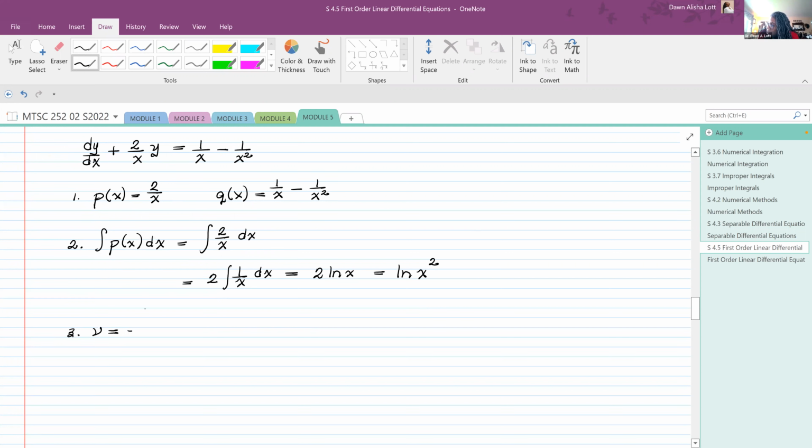It is e to the integral of p of x dx, which is e to the natural log of x squared. Oh, again, I have a function and its inverse. So this just gives me x squared. Any questions? X squared is v.